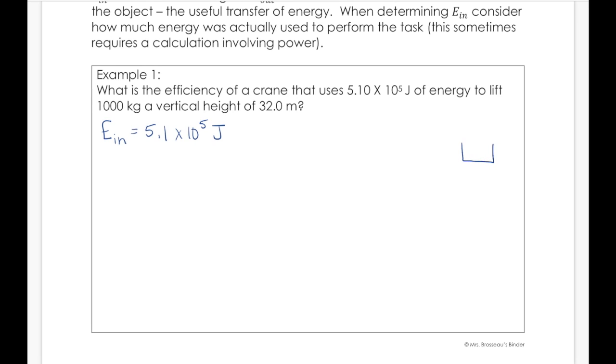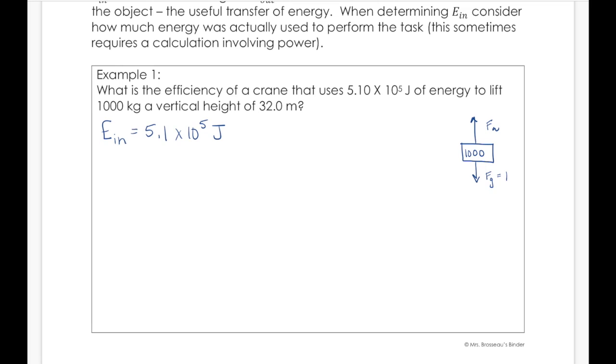Okay, so if we had our mass to lift, that is 1,000 kilograms, okay, the crane is applying work in the upward direction, and we are just going to assume that it's at a constant speed, so we can find F of g to be equal to F of a.